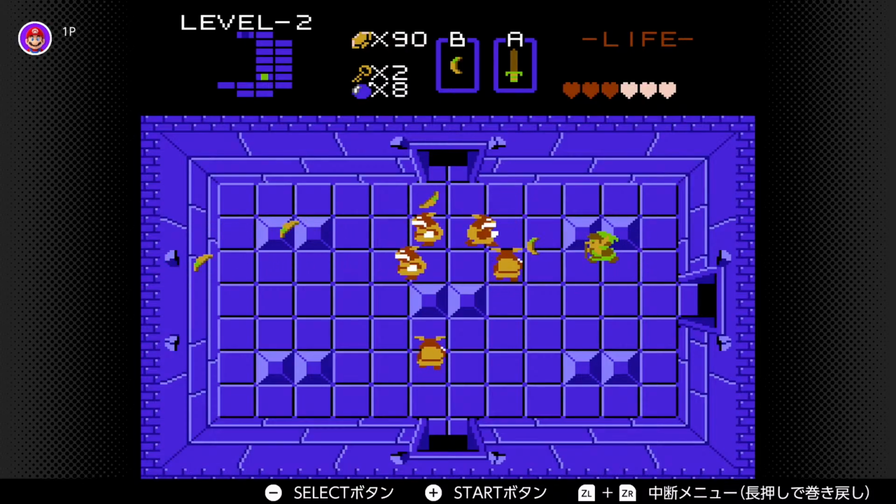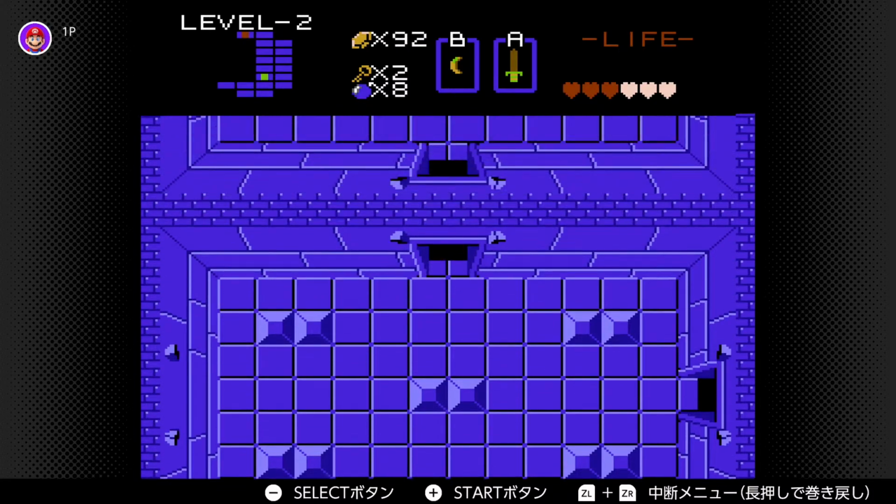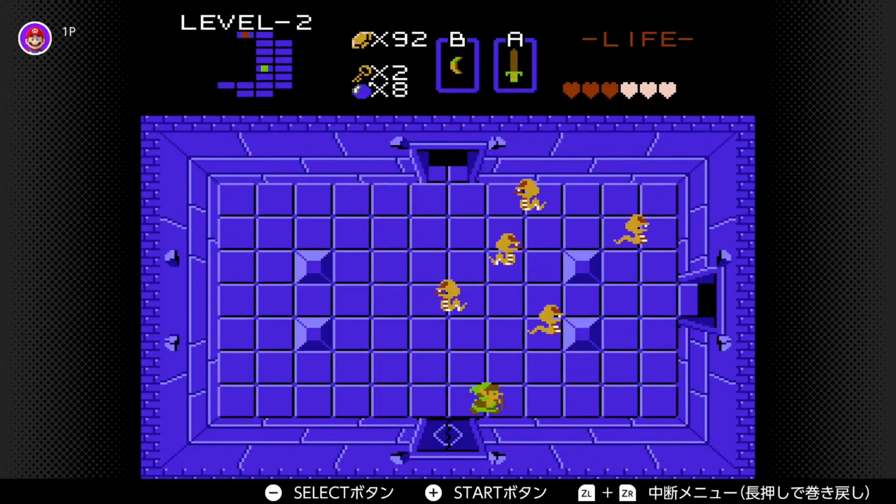Here, even if we die, especially when it's such a small dungeon, we can simply go back to the start and then go back. That's also beneficial in the sense that we get some money and so on the way.